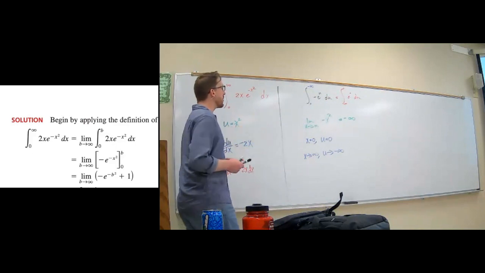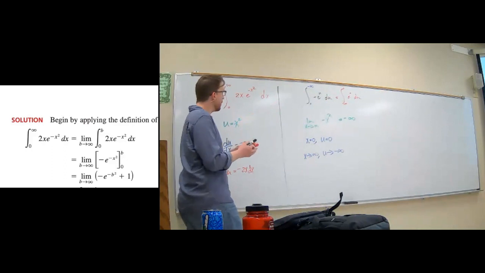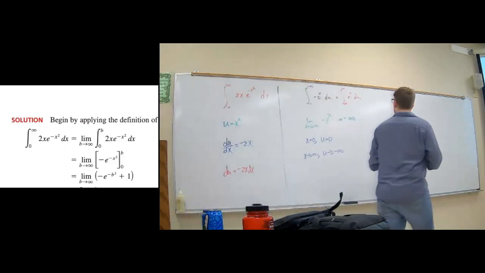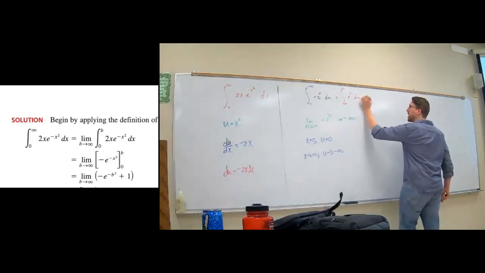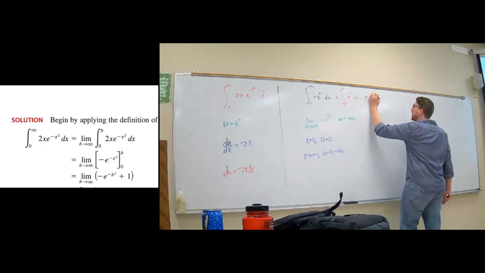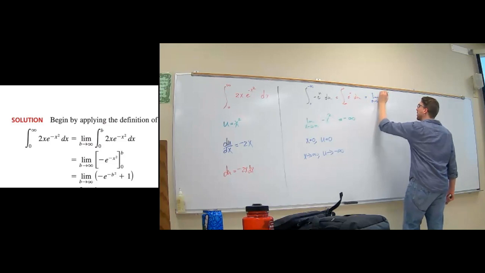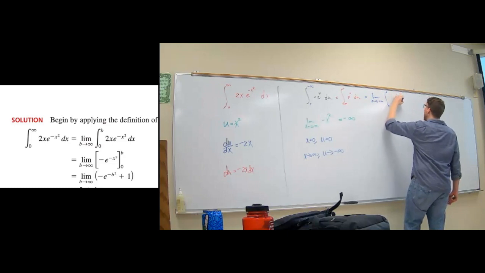Well, what's that? I have to apply these new limit rules. Okay, let's substitute this all in now and say this is the limit as a goes to negative infinity of the integral from a to 0 of e to the u du.